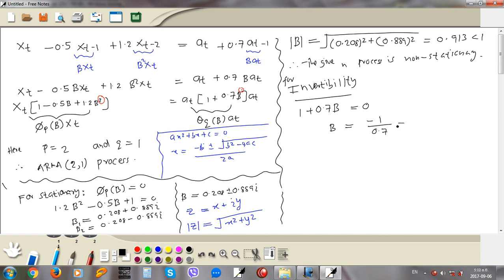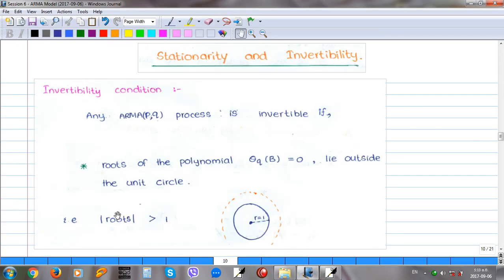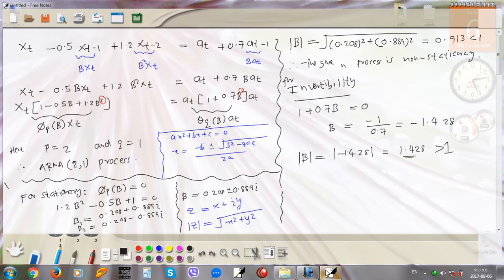If you simplify this, you get -1.428, but we need the absolute value of B, so it is 1.428. We don't consider the minus value, since all are positive when we take absolute values. So that is greater than 1. It means the root lies outside the circle, since the modulus of roots is greater than 1.